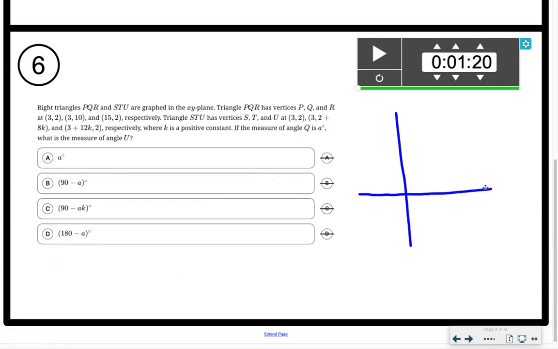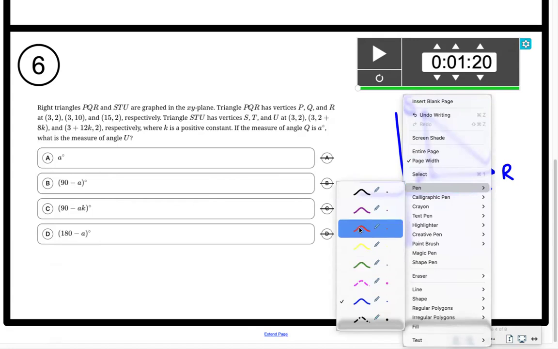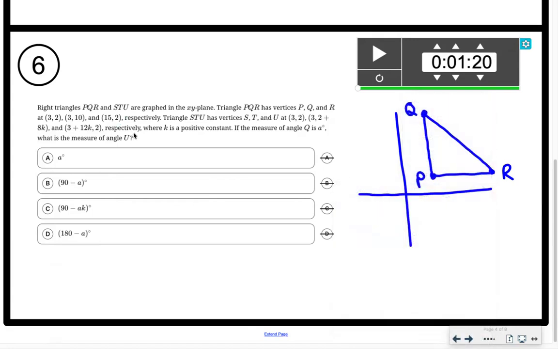So let's say 3, 2 is here. 3, 10 is here and 15, 2 is here. So based on that, I can see that I have a right triangle. And this was P, Q, and R. And then if I just grab another one here, I have S is here.